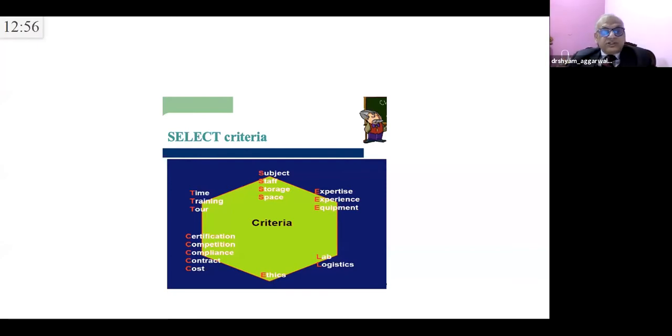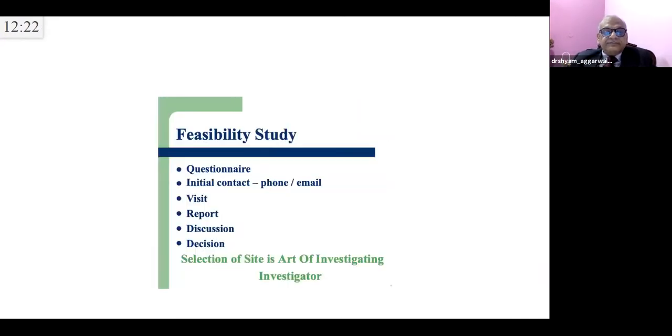Then you need certification, compliance, contract costs, etc. To conduct any study or participate in a trial, we need time, training, and the ability to meet with each other depending on the requirements of the study. These are important inputs which the feasibility questionnaire tries to assess when it is sent to an investigator.